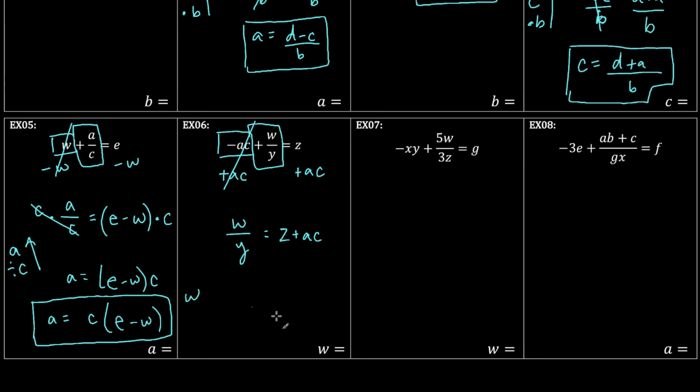Now I had w because I'm looking for w, and I multiplied it by y. Oh, I didn't multiply by y, I divided it by y. So I'm going to go backwards using inverse operations, so times y. But remember, I can't just leave it like this, because it looks like ac times y. I want z plus ac times y. So w equals y times z plus ac.